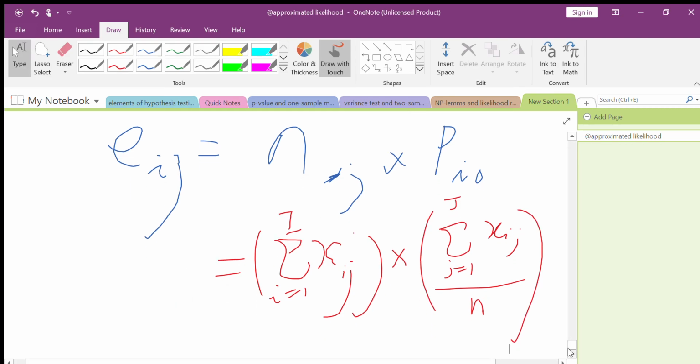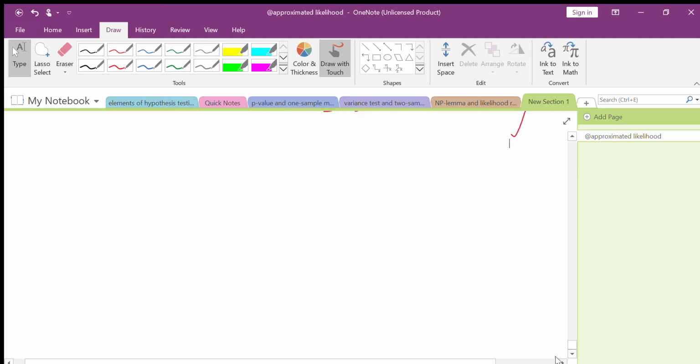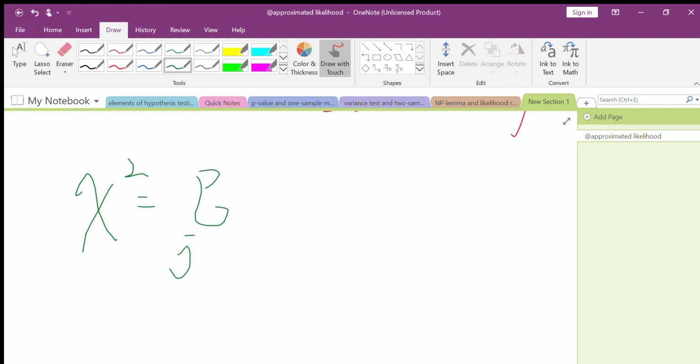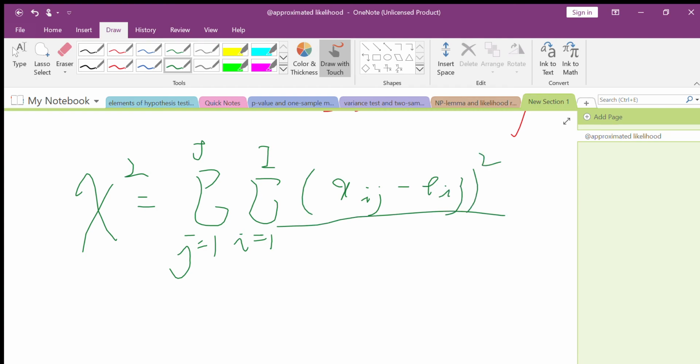So then we apply the chi-square test statistic: summation j from 1 to capital J, summation i from 1 to capital I, (x_ij minus e_ij) squared divided by e_ij, following chi-square.